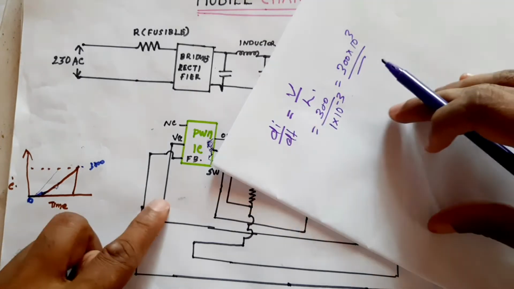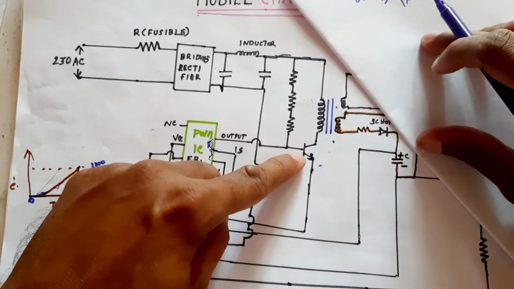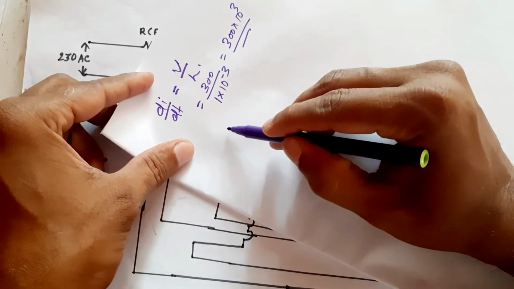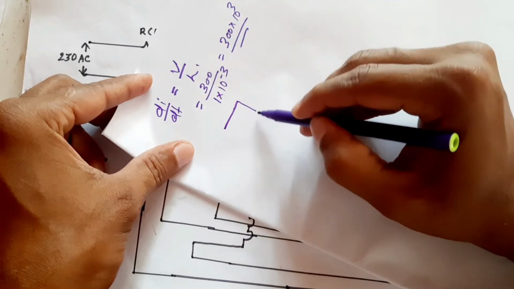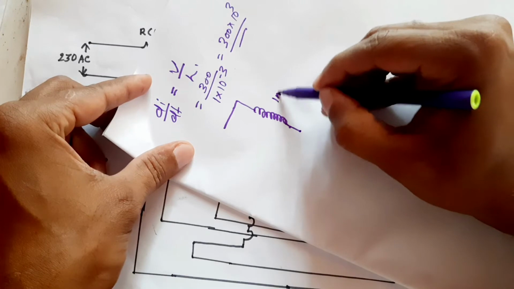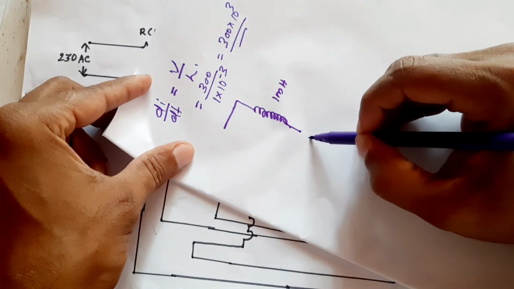Usually we do not turn on the transistor for this much time. We turn on the transistor for only a little time. Let's say this is the inductor with 1 millihenry inductance, and we connect a transistor.